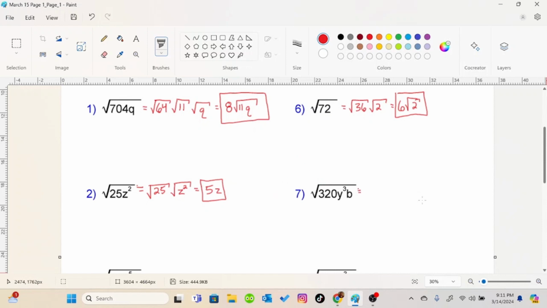Number 7. 320 can be thought of as 64 times 5. Y to the third can be thought of as y squared times y, and b stays the same.